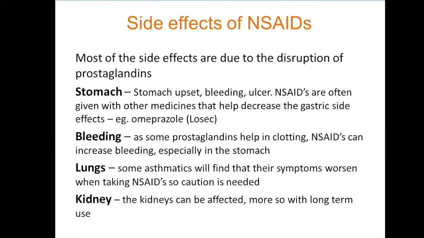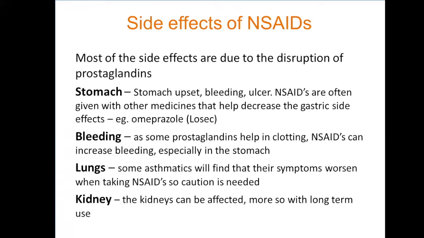So we talked a little bit about this. The main side effects with NSAIDs are stomach upset, and that is because we've got those prostaglandins in the tummy. So you have them with food, and you might be given another medication to try and decrease that side effect, and that would be omeprazole or maybe pantoprazole, something like that.